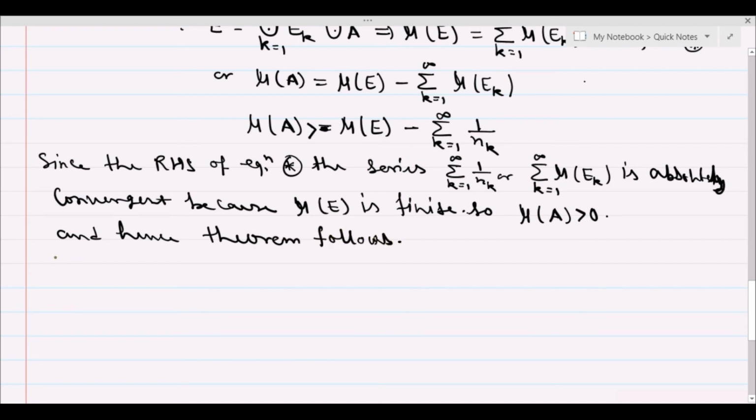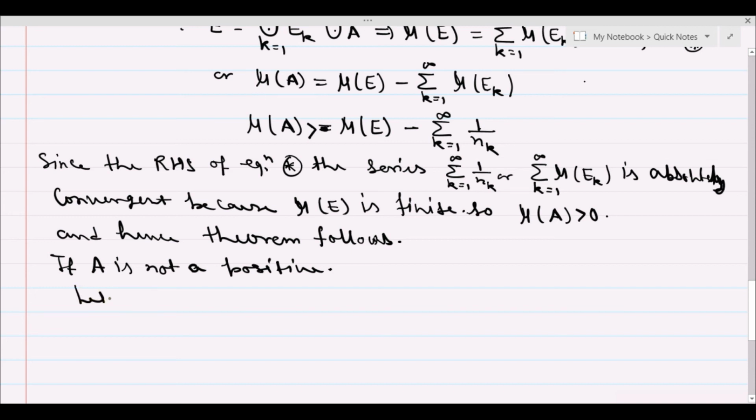Okay, if A is not a positive set, our aim is to prove A is a positive set.